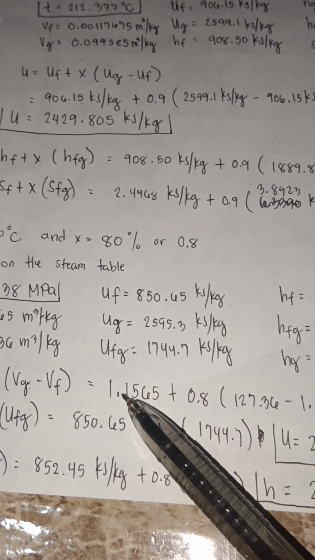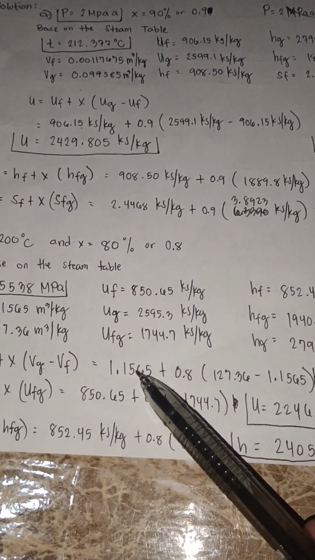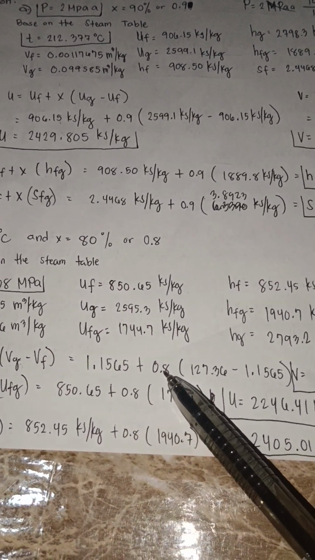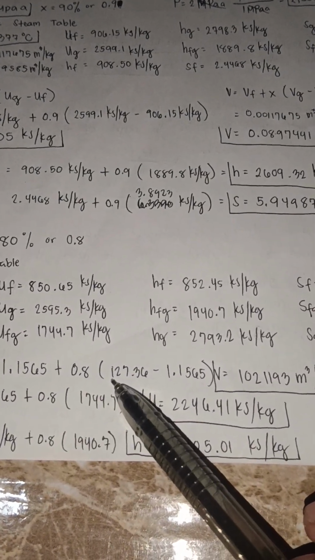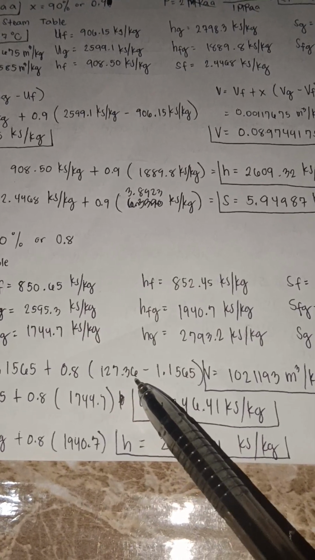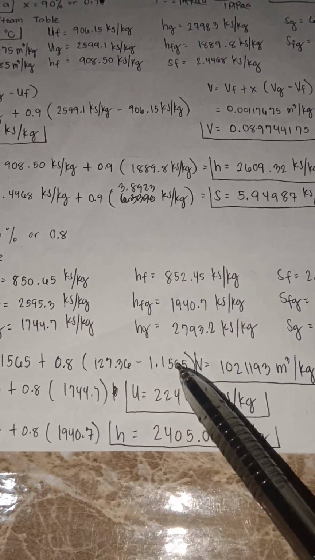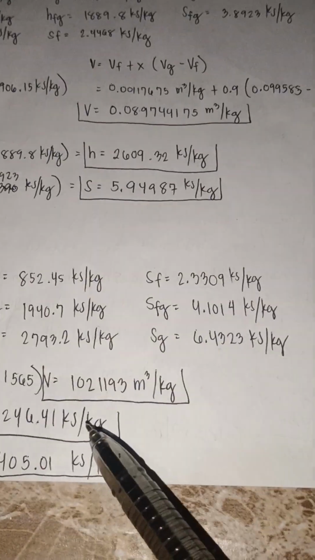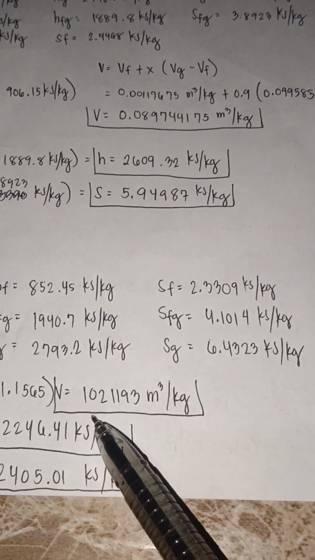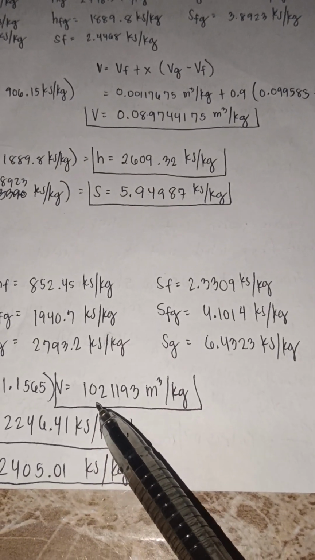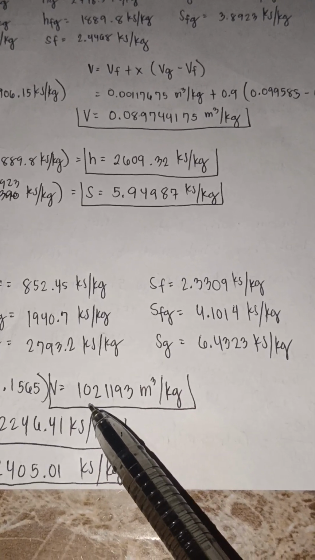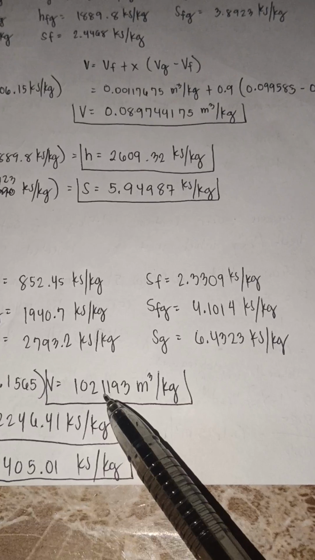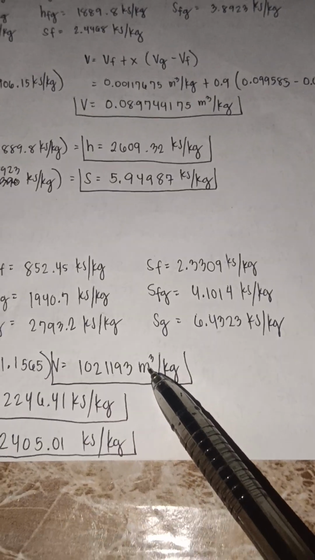Substitute the given values: 1.1565 plus 0.8 the quality, parenthesis, times 127.36 minus 1.1565. So we came up with a volume of 102.1193 cubic meter per kilogram.